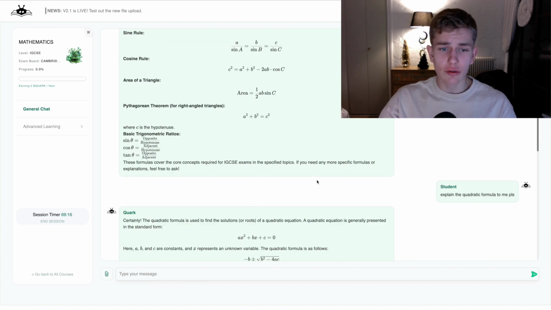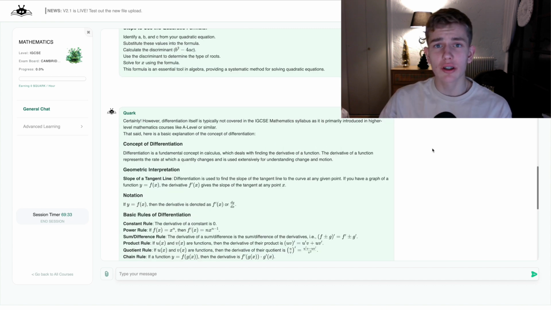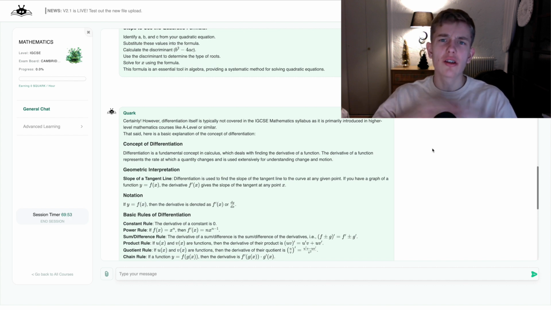Then I asked it to explain the quadratic formula, because it's one of the most important formulas, and everybody needs to know this. Some calculators have this, some don't. MyTutor can explain things and work things out for you. This is amazing because you're doing homework, the teacher gave you a lot of questions, or you're doing the textbook, and you cannot really ask the teacher at that moment, and you don't want to wait till the next day, because maybe you don't understand a key concept.